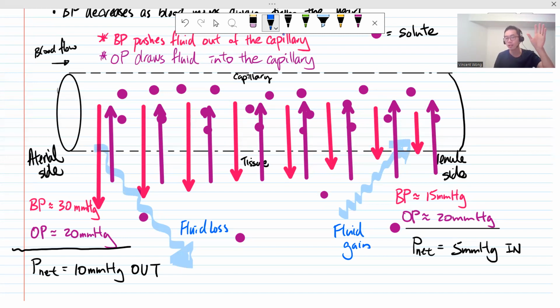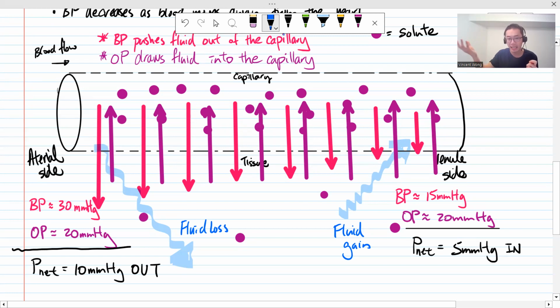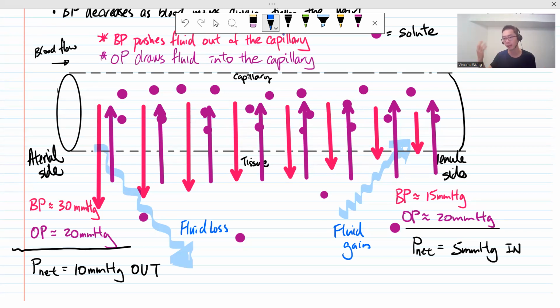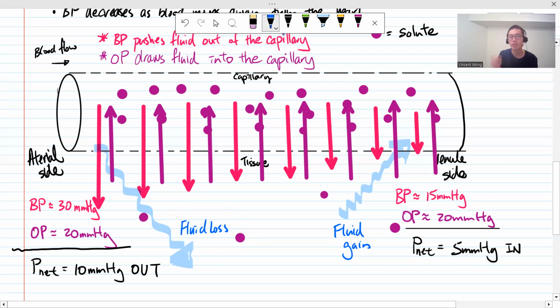There's 10 units of pressure pushing things out. But on the venous side, we only have 5 units of pressure bringing it back in. What that means is, even though you're bringing in some of the fluid, you are not able to bring back everything. So some of the fluid that is lost will stay in the tissue.